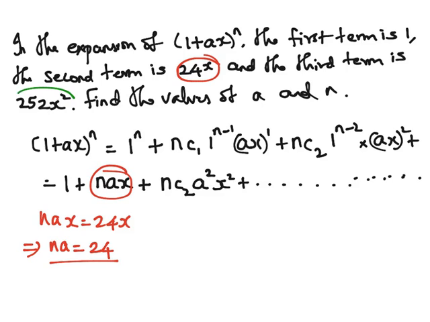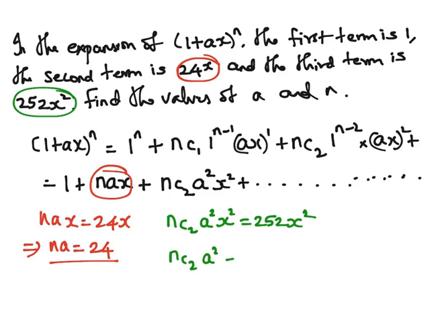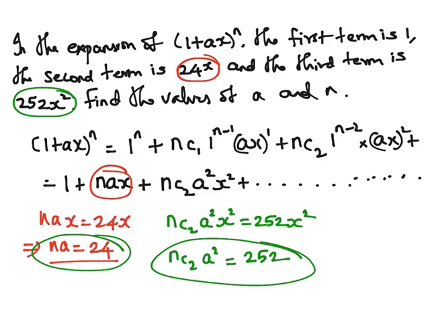So nC2 a squared x squared equals 252x squared, which means nC2 a squared equals 252. Good. So I got na equal to 24, and I got nC2 into a squared equal to 252. Using these two equations, I need to find the values of a and n.